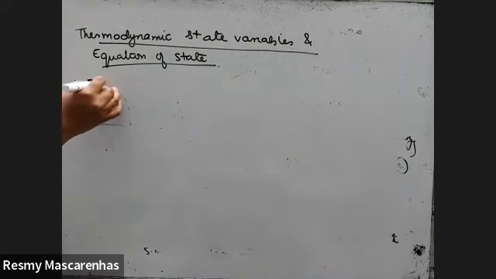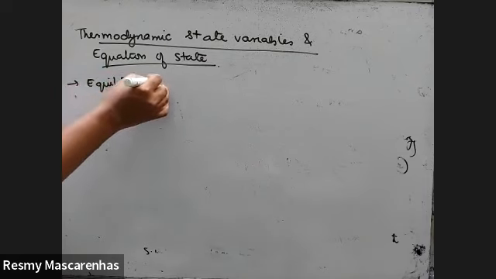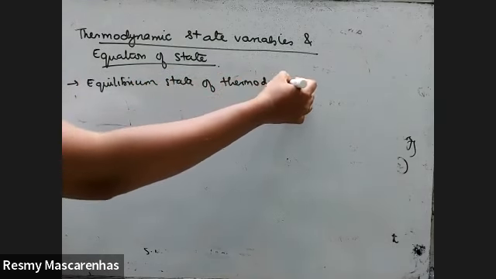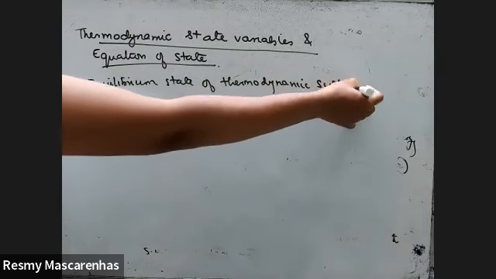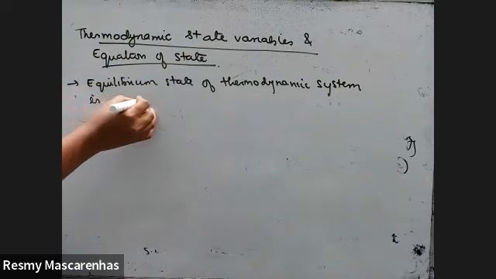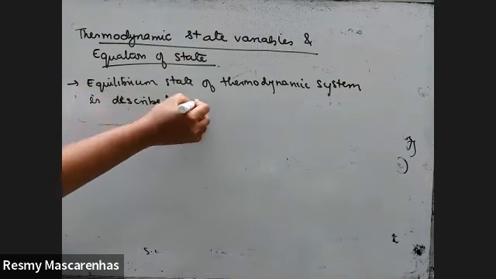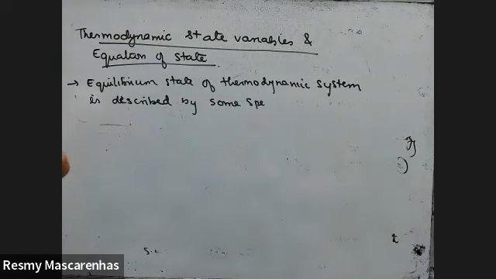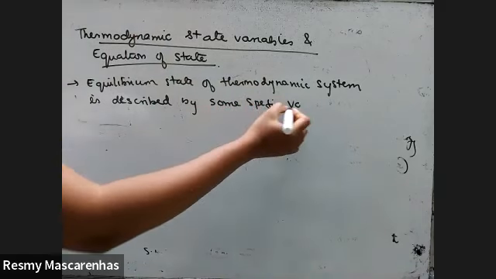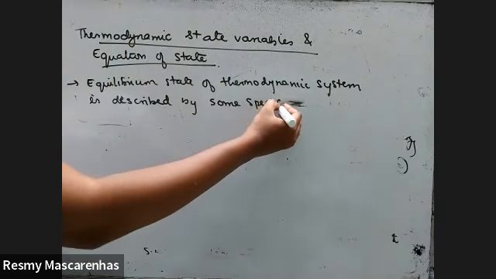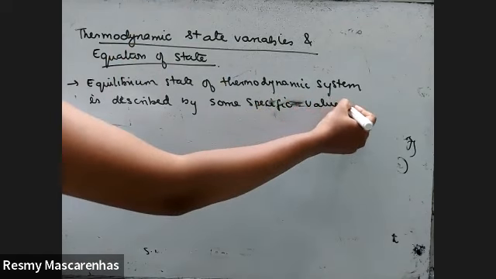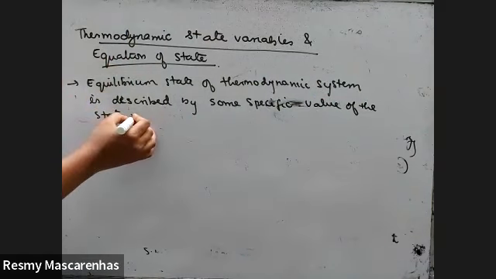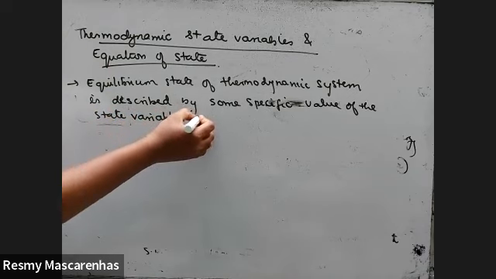The equilibrium state of a thermodynamic system is described by some specific values of the state variables, also called macroscopic variables.